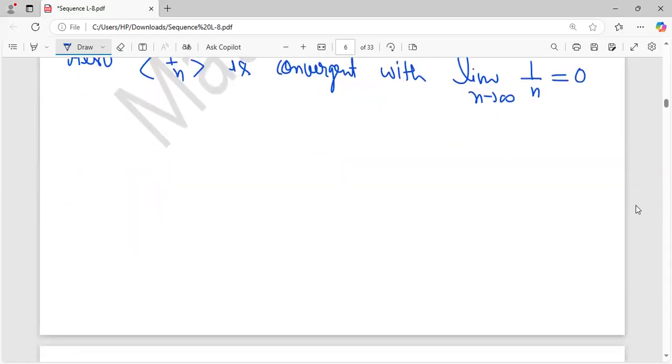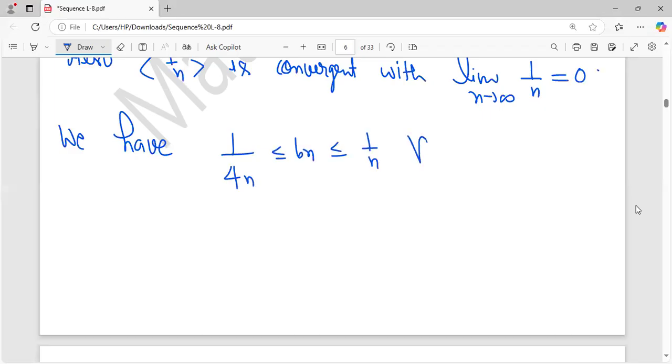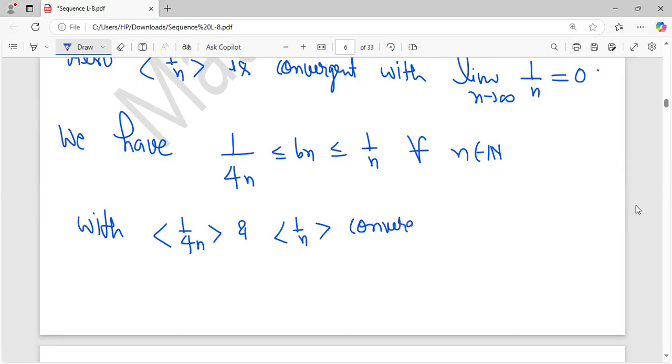We have 1 upon 4n less than Bn and less than 1 upon n for all n belonging to N, with 1 upon 4n and 1 upon n convergent sequences.